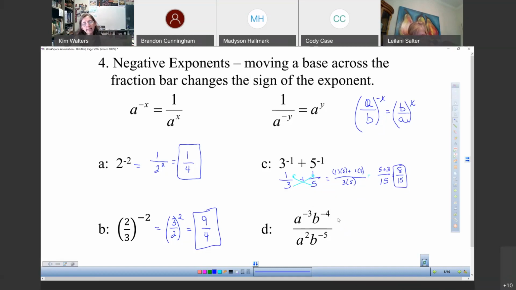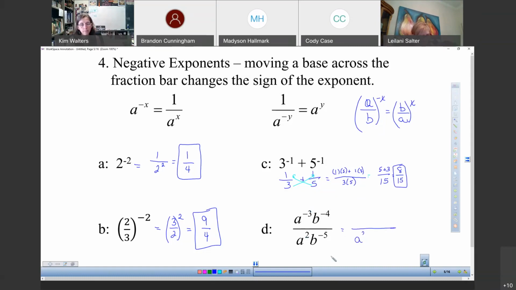So this next one has a combination of positive exponents and negative exponents. So the first thing we're going to do is get rid of the negative exponents. That means we're going to move them. Everything that's negative is going to move with the exponents, right? The only thing that's going to stay where it was is this a to the second power in the denominator. So I'm going to keep a to the second in my denominator.